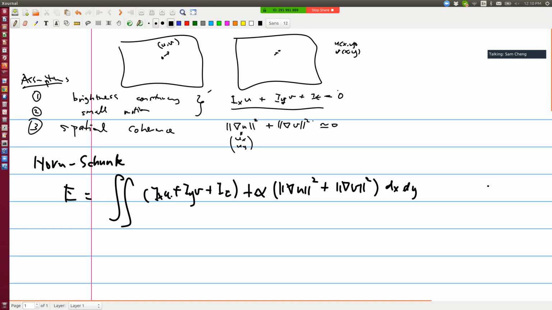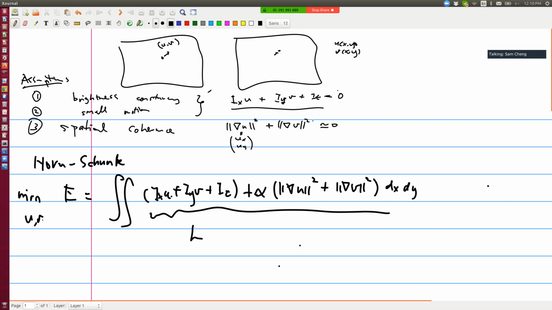I want to go a little bit detailed for this one because it's not just for this problem. This is a very common problem in engineering, where you're trying to minimize. If you look at this, I can call it a function L, let's say. So this energy function is just an integral of this L. And I'm trying to minimize this E in terms of U and V, right?